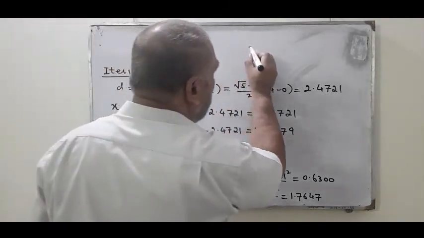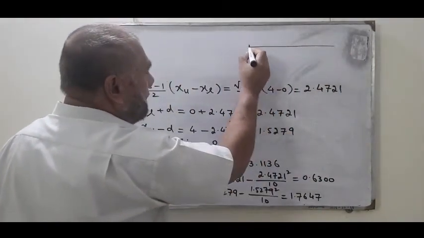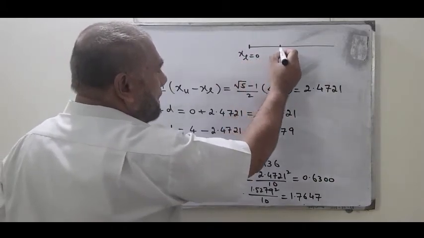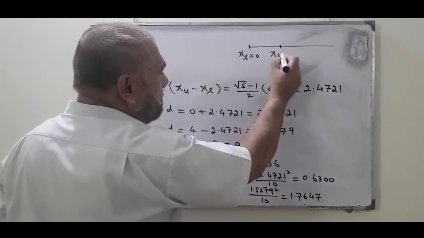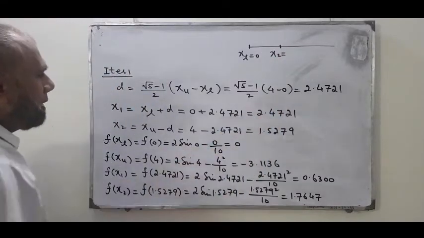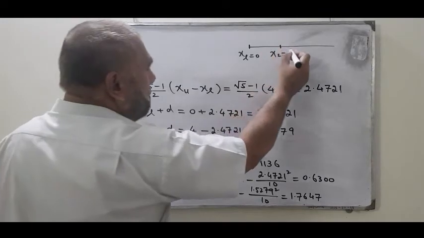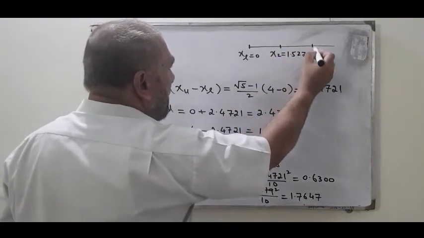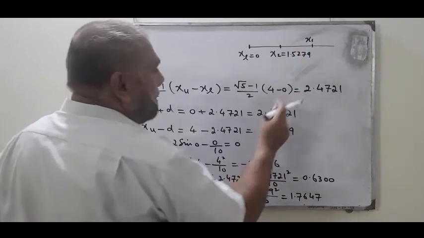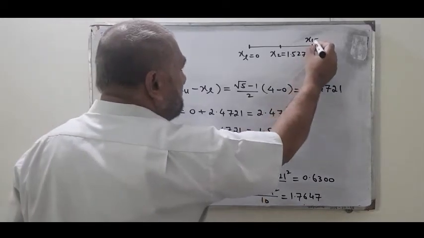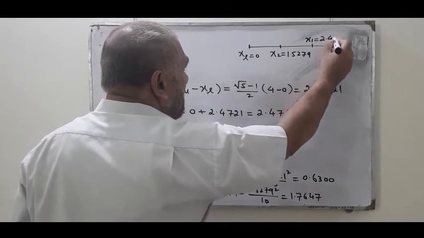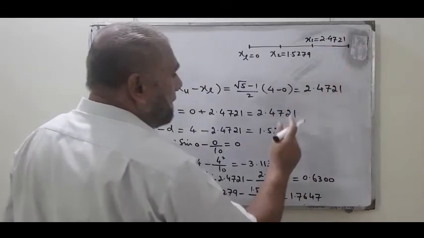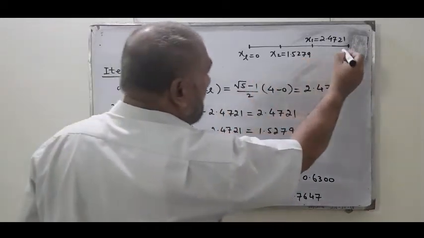So here this is your interval where we have taken the start xl, this was 0, then obviously comes x2, which is of course on the left of x1. So x2 is 1.5279, and then x1 is 2.4721, and on the right side we have xu.